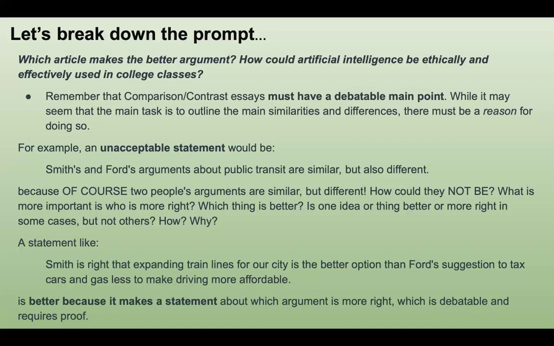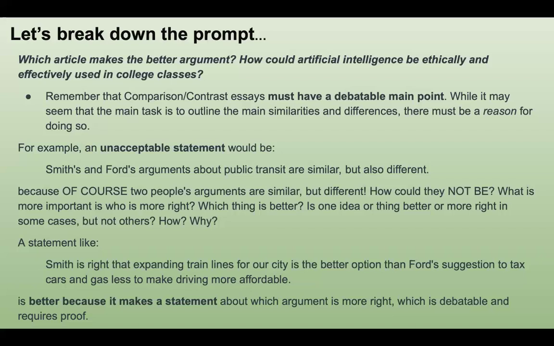But a statement like, Smith is right that expanding train lines for our city is the better option than Ford's suggestion to tax cars and gas less to make driving more affordable. This is a better statement because it's making a statement about which argument is more right, which is debatable and requires proof.